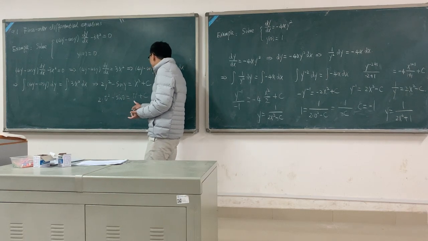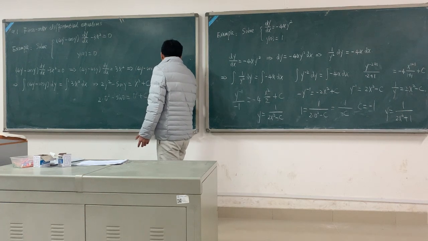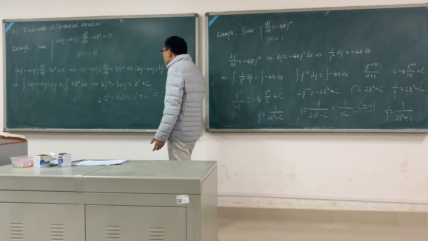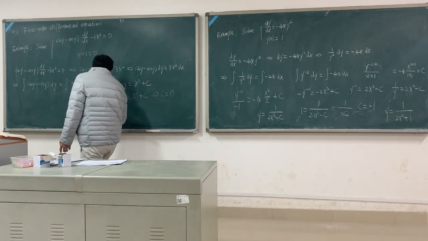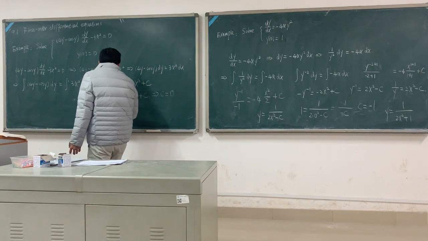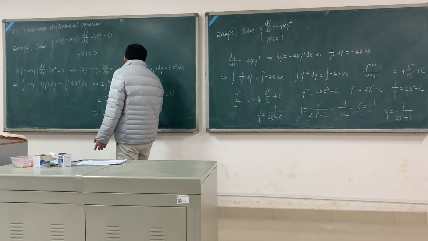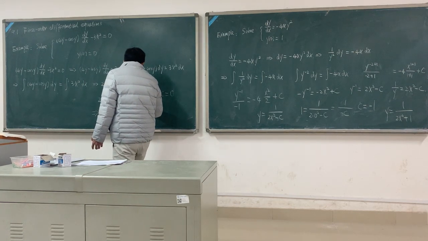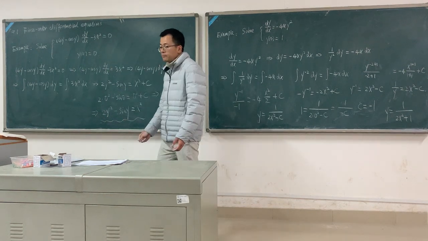So 0 equals 0 plus c, so c equals 0. So the answer is 2y squared minus sin y equals x cubed.